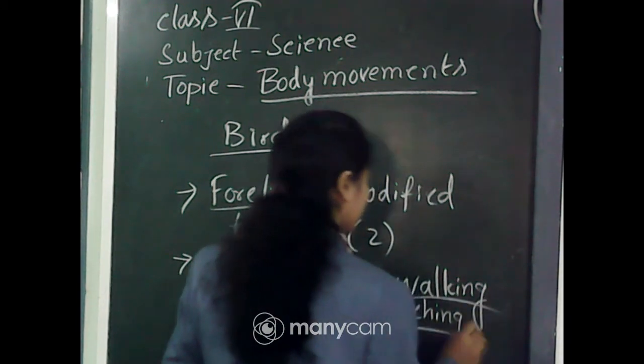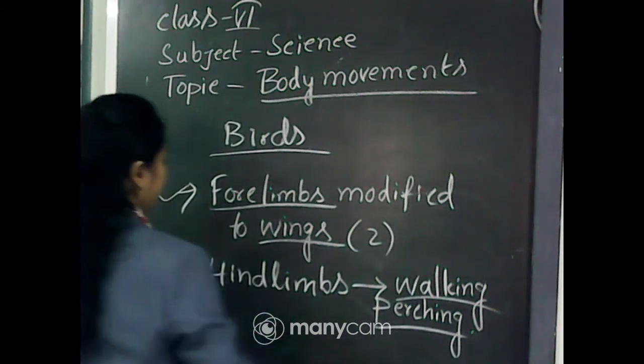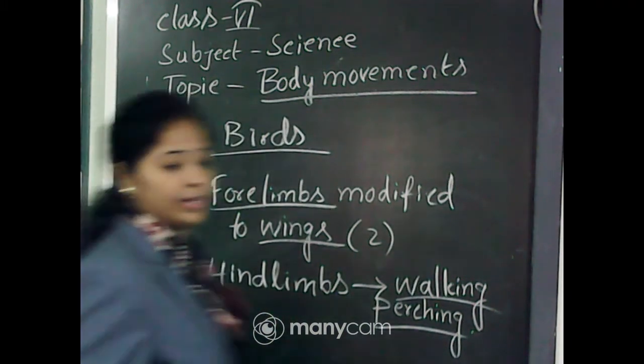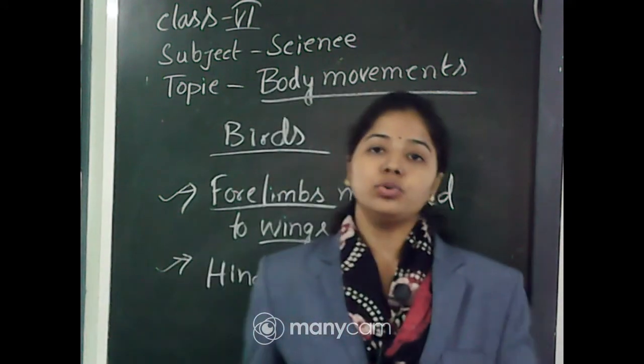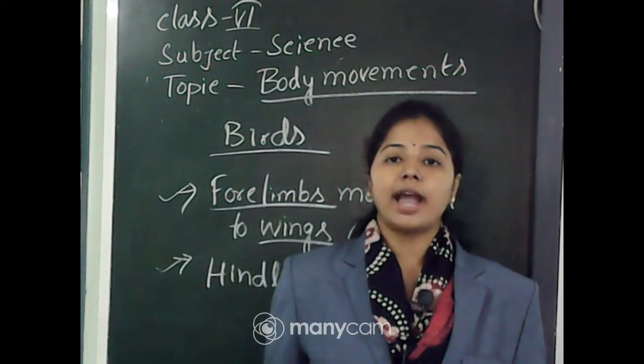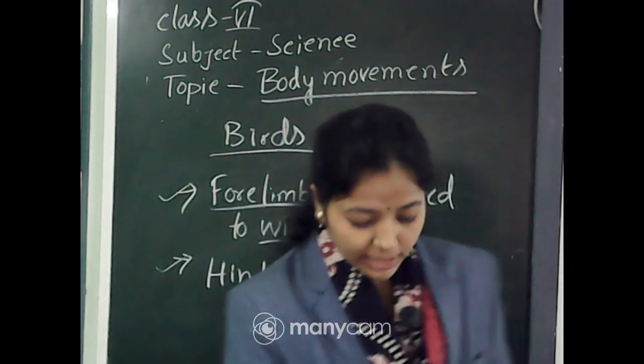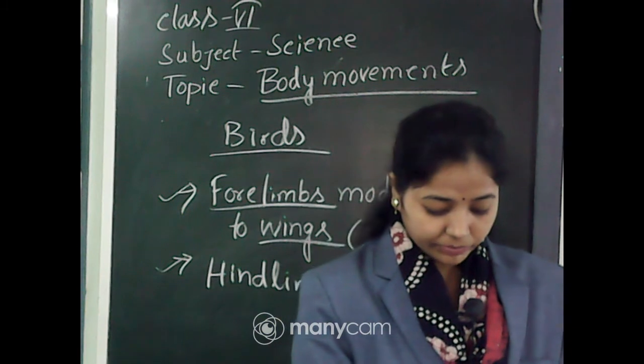Understood? So here I have mentioned the main functions of the forelimb and hind limb, and I have already told you that they possess light hollow bones that make them suitable for flying. So these are the main points.